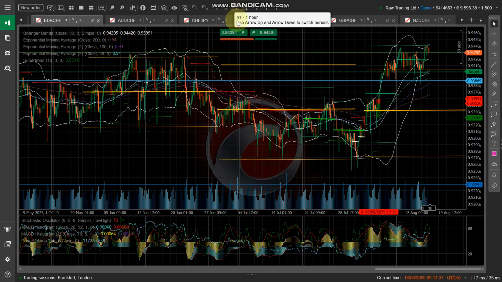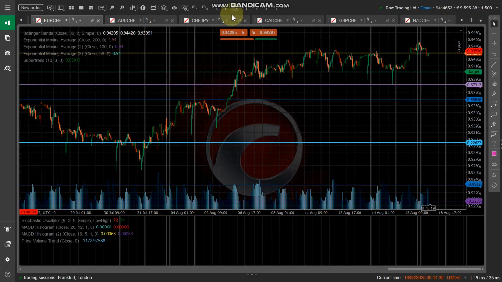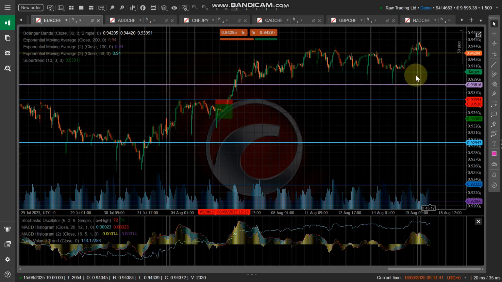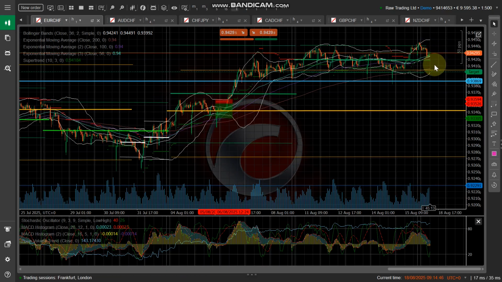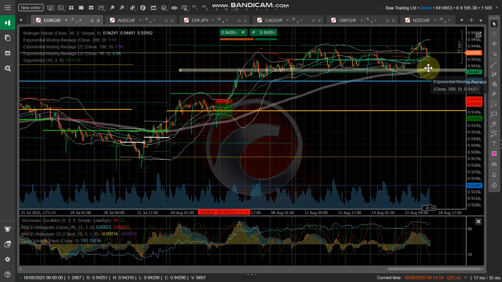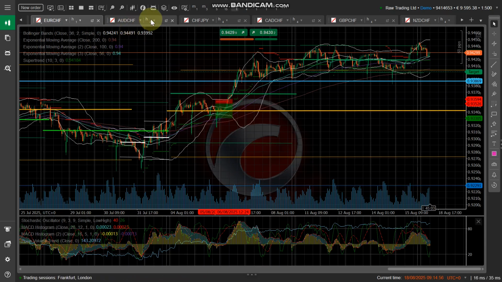Let's go for 1 hour. How bad is the negative news effect on this movement? This big candle, is that responsible for the news or not? Let's make it bigger.